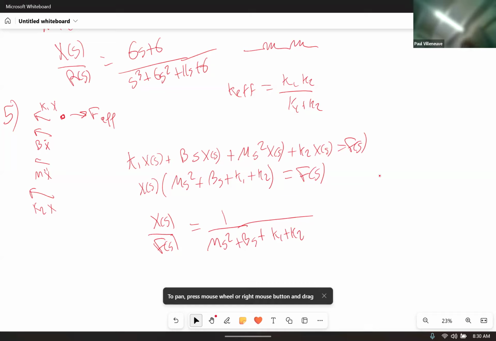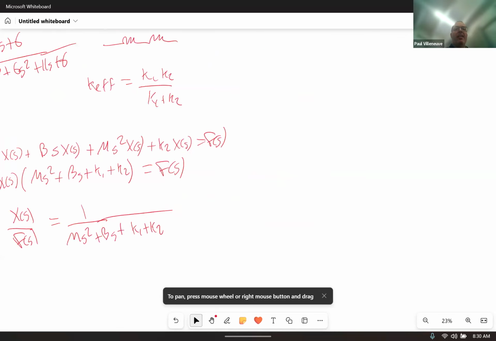Question on number 5? Yes, sir. So instead you can't do K effective. Or just like your equation, you just call it K equivalent and it's K1 plus K2. You can, but with K equivalent, you're essentially saying I either have this configuration or this configuration, right?